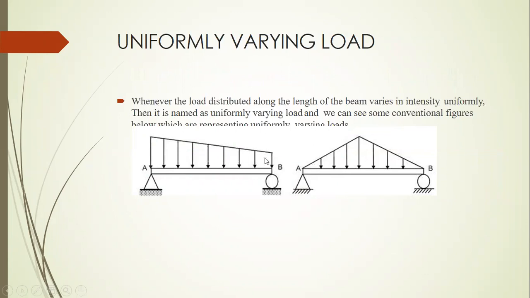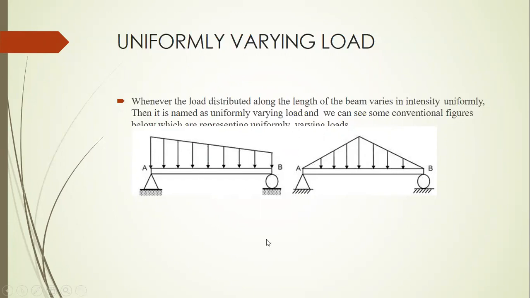Here the intensity at B and intensity at A are different, so it is uniformly varying. In uniformly varying load there will be two types of load. One is triangular load and the other one is trapezoidal load.